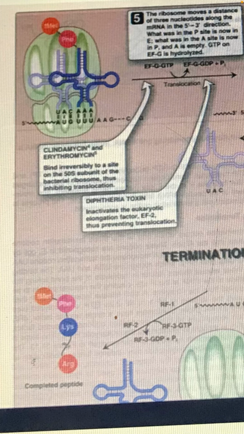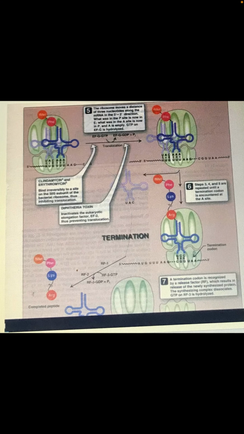So the last drug is the diphtheria toxin. It inactivates the eukaryotic elongation factor EF2. So no energy will be transferred to complete the translocation process, and thereby inactivation of eukaryotic elongation factor leads to the inhibition of protein synthesis.